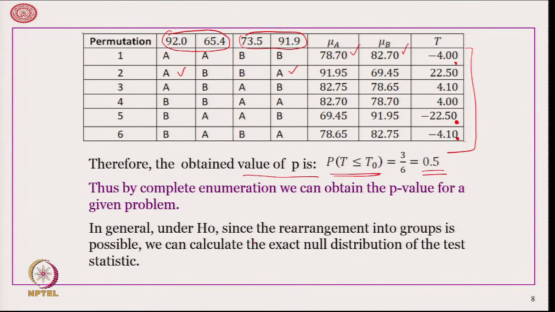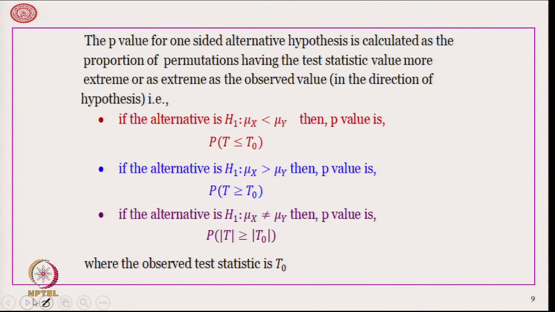In general, under H naught, since the rearrangement into groups is possible, we can calculate the exact null distribution of the test statistic as we have computed here. The p value for a one-sided alternative hypothesis is calculated as the proportion of permutations having the test statistic value more extreme or as extreme as the observed value in the direction of the hypothesis, which we have said before.